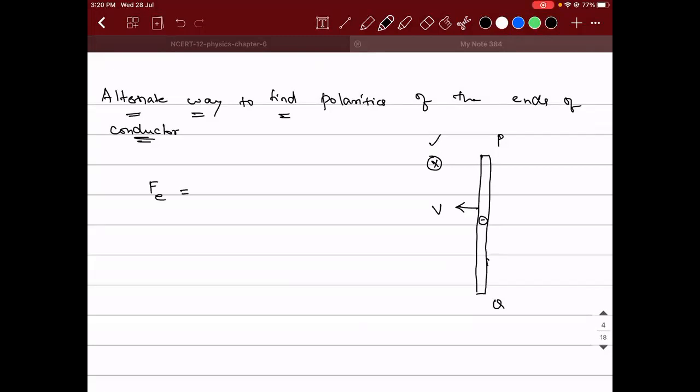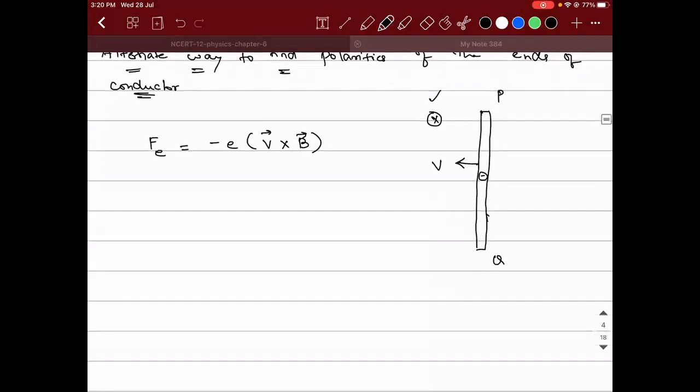Is it not going to be equal to minus e into v vector cross B vector? Right? Minus e into v vector cross B vector. So minus e into, what is the value of v vector, guys? It is v in the direction of minus i cap, cross B in the direction of minus k cap.